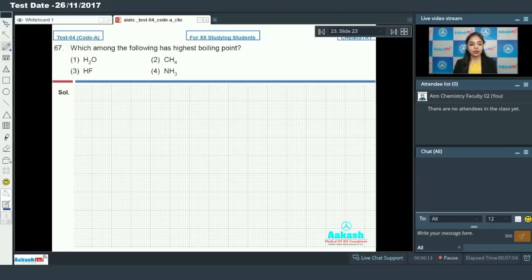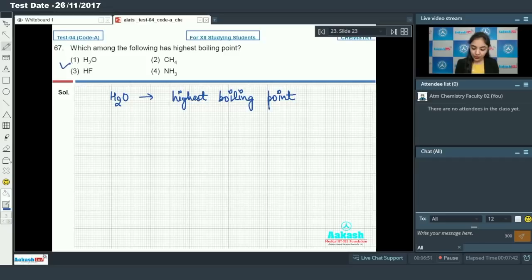Among H2O, CH4, HF and NH3, H2O has the highest boiling point, because the extent of hydrogen bonding will be highest in water, since the water molecule forms 4 hydrogen bonds. So H2O will have the highest boiling point. So option number 1 is the correct answer.